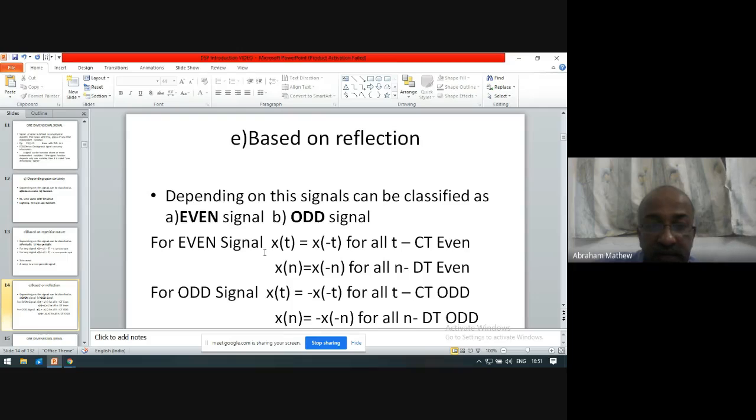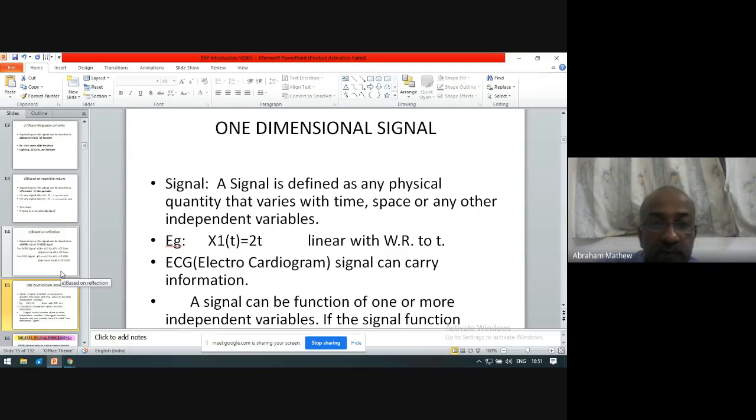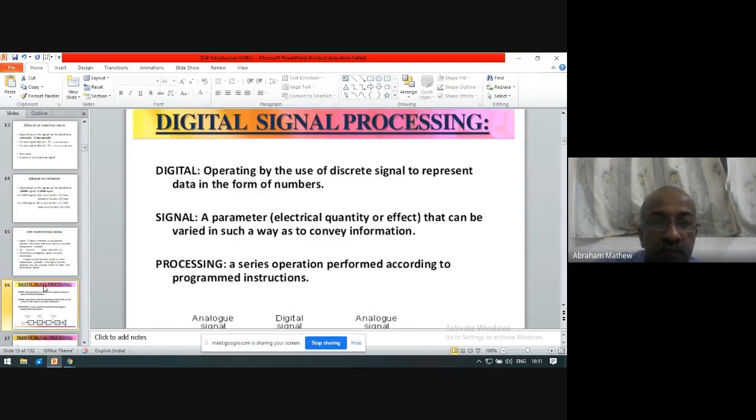For an odd signal, x of t is equal to minus x of minus t, or in case of discrete, x of n equals minus x of minus n. We are interested in digital signal processing.